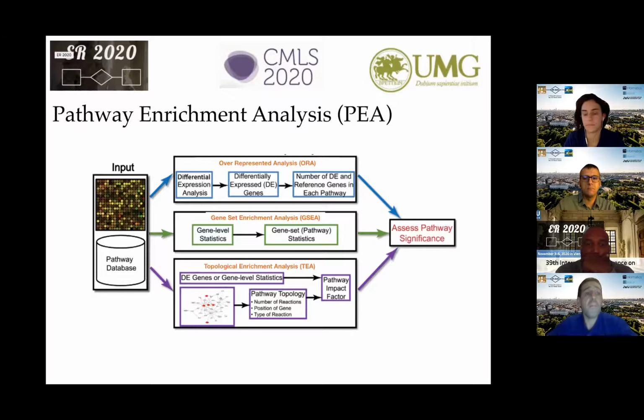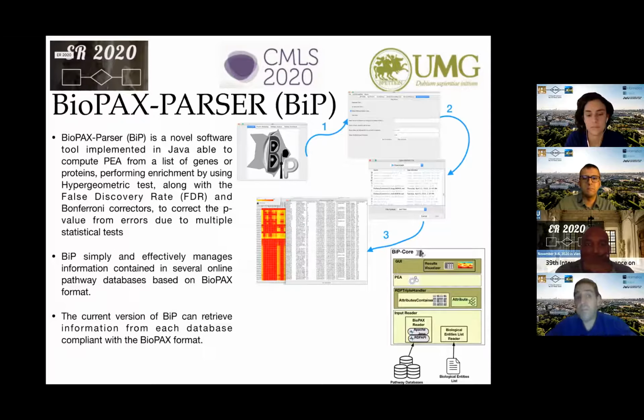And here we have BioPAX-Parser, BiP, that is a novel software tool implemented in Java, able to perform pathway enrichment analysis using a list of genes or proteins, performing enrichment by using a customized version of the hypergeometric test, along with false discovery rate and Bonferroni correction, used to adjust the p-value from errors due to multiple statistical tests.